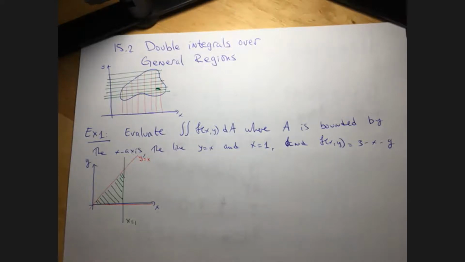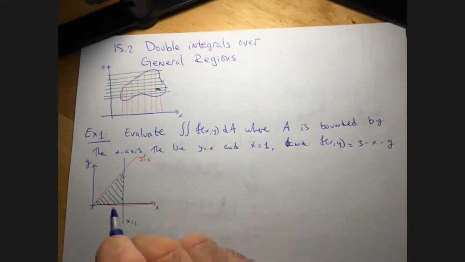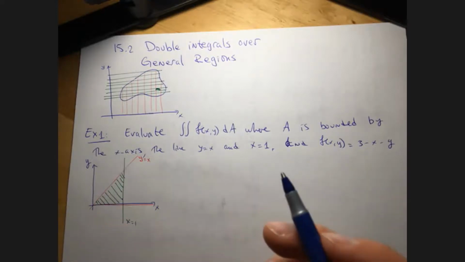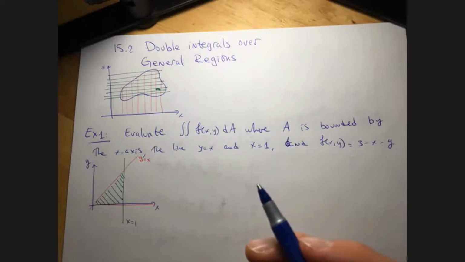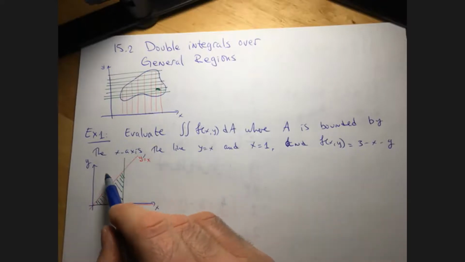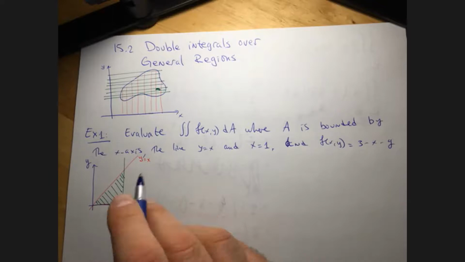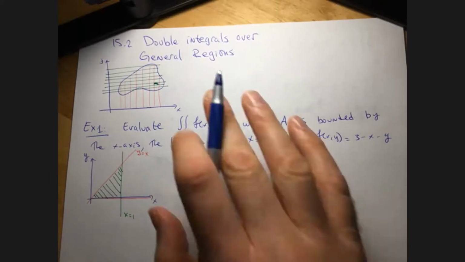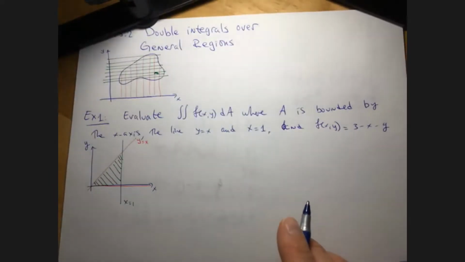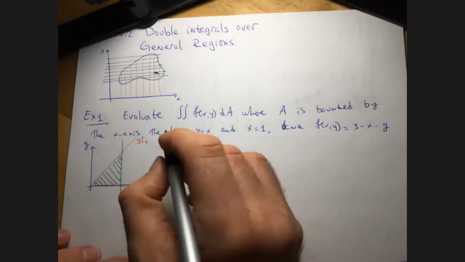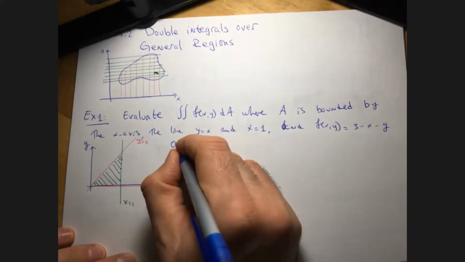And the question is, how am I going to set up this double integral? Where does x go from where to where, and y goes from where to where? Because this is not a rectangular region. One of the bounds is going to be in terms of a variable. So there are two choices, okay?